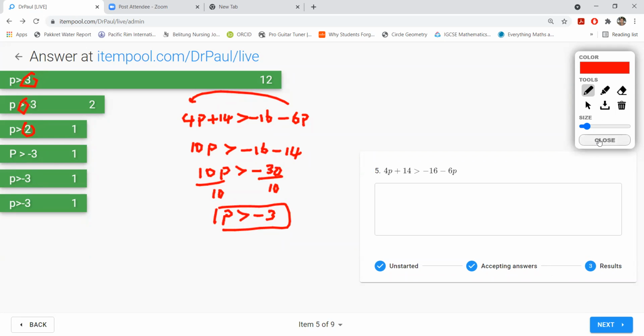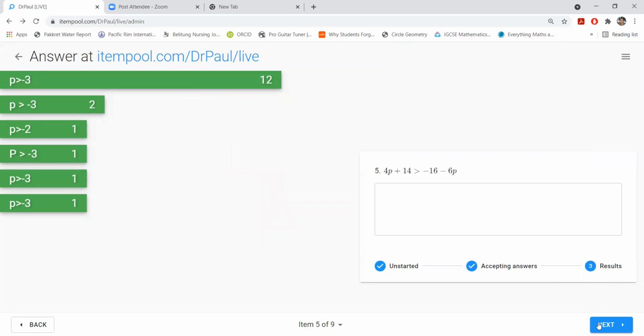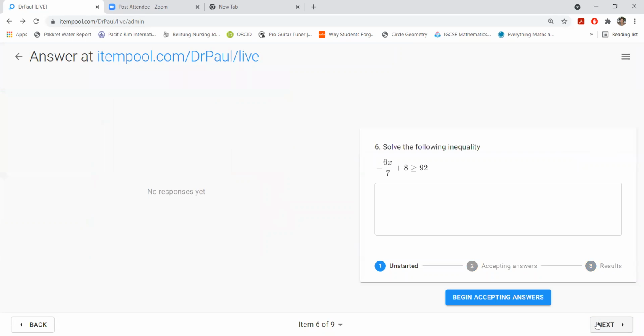Right, let's see what is the next one. Yeah, with the other class, this is as far as I got. So let's see if we can do this one. We only have about 6 minutes. So try this one. You may need a calculator for some things.